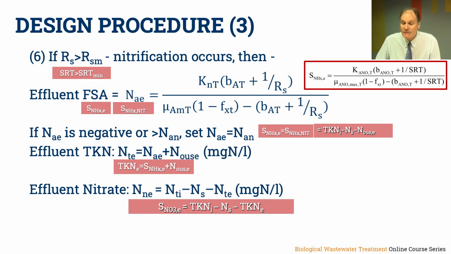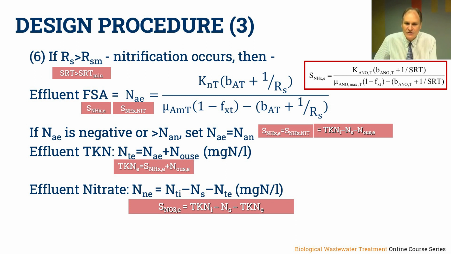Then the effluent ammonia concentration will be very high. It could be hundreds, thousands milligrams per liter. Clearly impossible. When that happens also, we must set the effluent ammonia concentration equal to the ammonia concentration available for nitrification for the non-nitrification situation I described earlier.